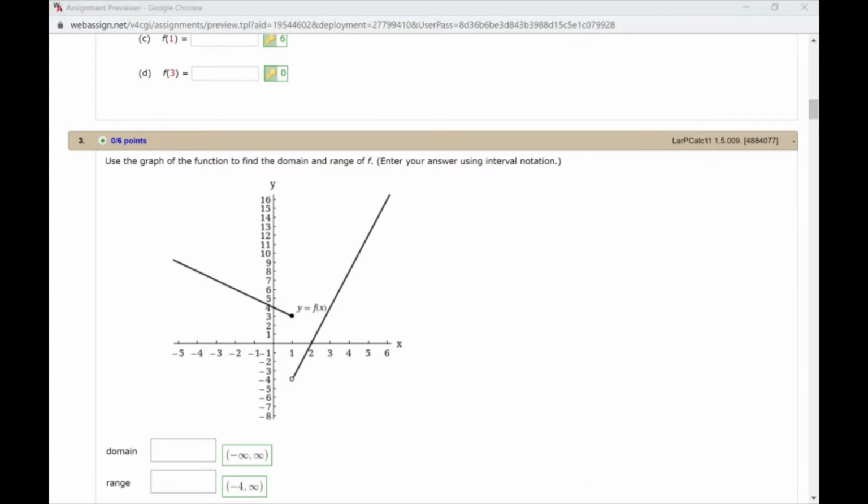So it covers everything. Even though you see that hole right here, this line right here actually takes care of x equals 1 because it's bubbled in right there. You couldn't have both of them to be bubbled in because it would have violated the vertical line test. But this one is bubbled in, so it takes care of x equals 1.